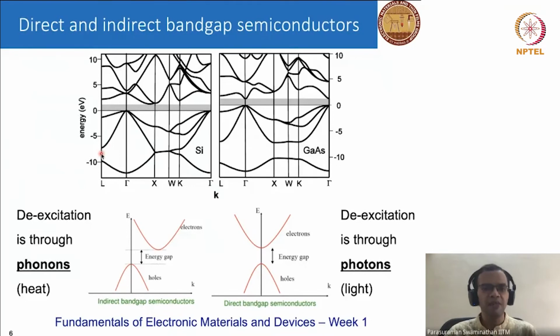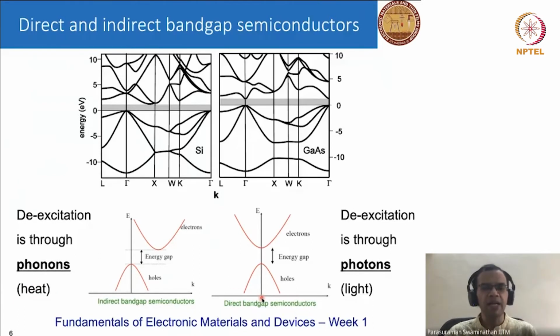We can classify semiconductors based on how they interact with light into direct and indirect bandgap semiconductors. In an indirect bandgap semiconductor, when an electron from the conduction band falls back to the valence band, the energy is primarily released as heat.